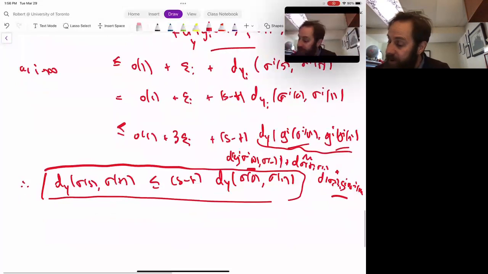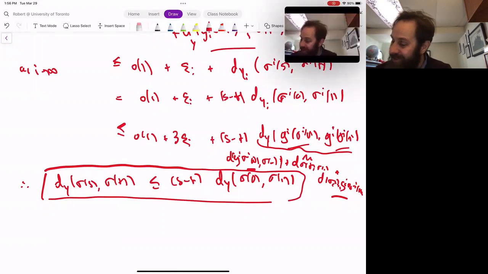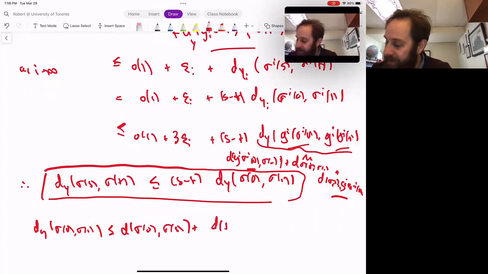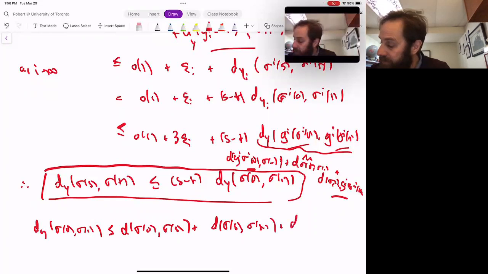And this was exactly the inequality. As soon as you have that inequality, you know that equality holds because of the triangle inequality, right? We did this once before, but d of sigma 0, sigma 1 is always less than d of sigma 0, sigma s plus d of sigma s, sigma t plus d of sigma t, sigma 1.